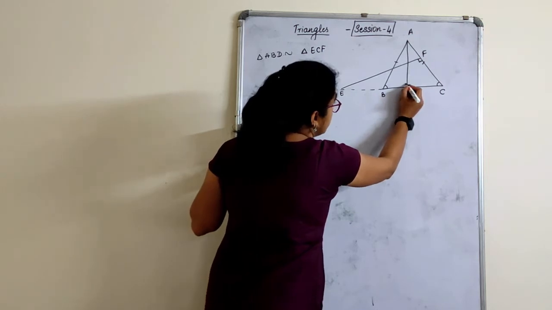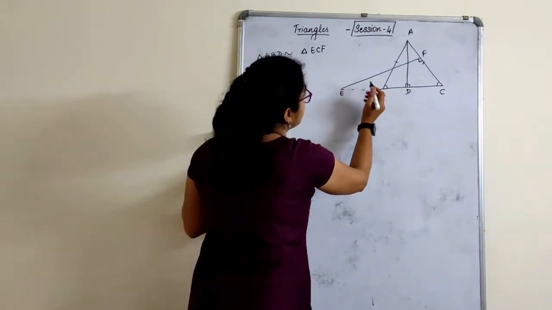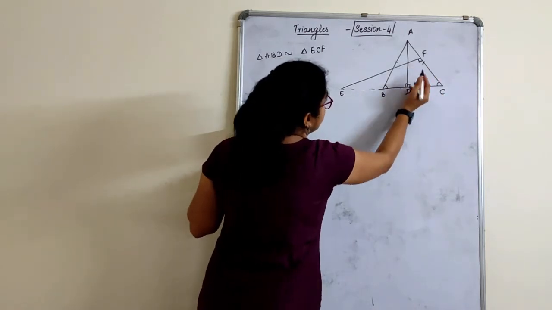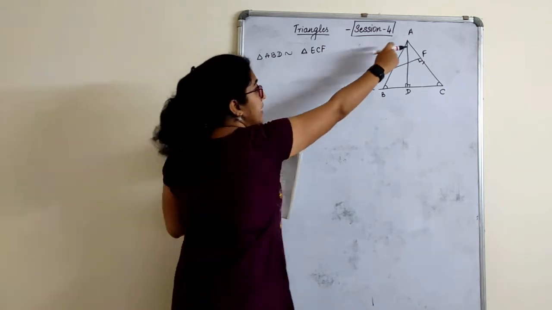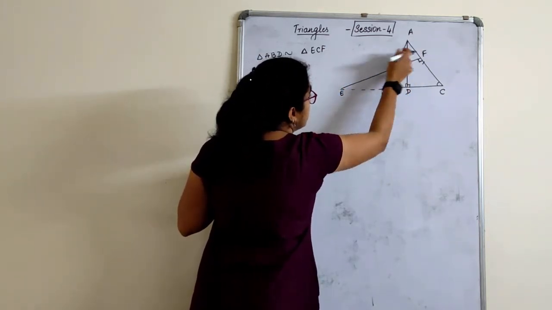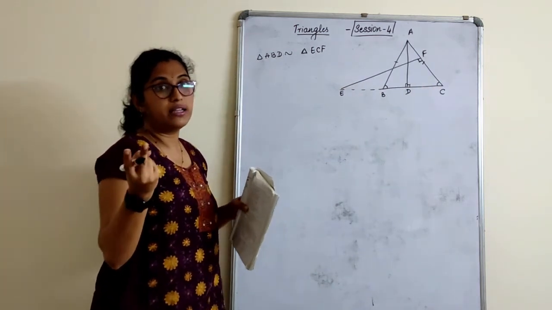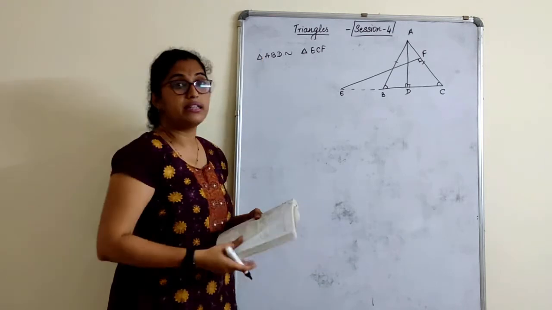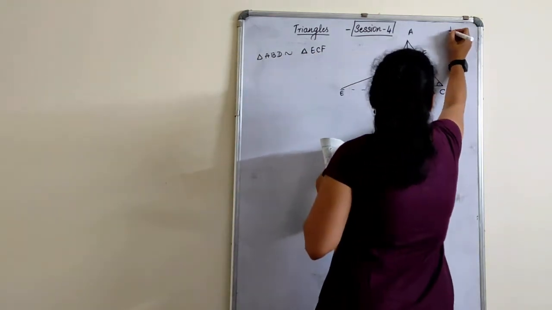ABD: this is 90, this is also 90. Next, ECF: 90 degrees. In both the triangles we have 90 degrees. In triangle ABD, angle B is equal to, in triangle FEC, angle C. Over. Two angles, double A criteria, triangles are similar. That's all. Mark the 11th sum for homework.